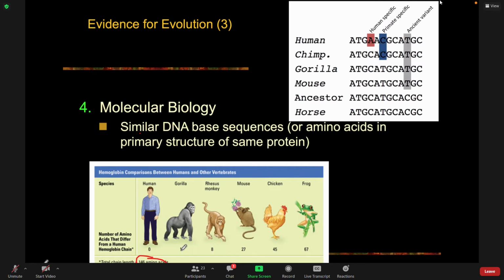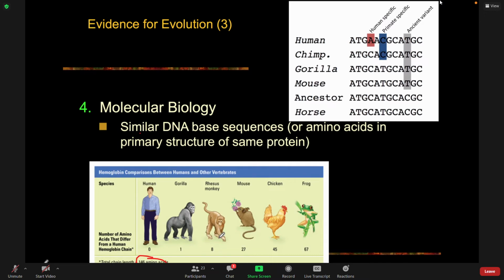We compare it from gorilla to rhesus monkeys to mouse to other organisms that are more distantly related to us, taking zero differences with humans. Obviously, what I talked about last semester is that even within humans, we have a lot of different hemoglobin variants. But here, if we take a standard wild type sequence that is most common among humans and compare it to the most common amino acid sequence in gorillas, we only differ at one amino acid position.